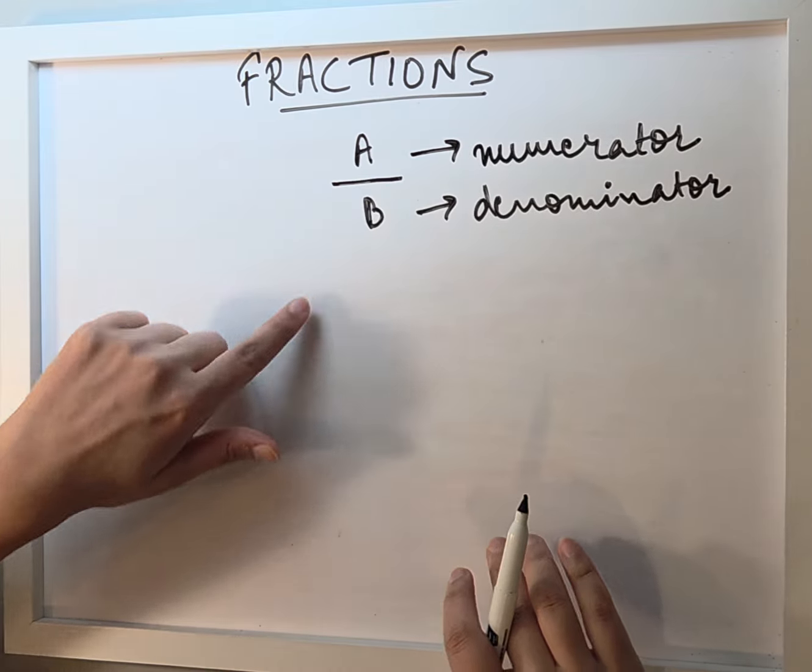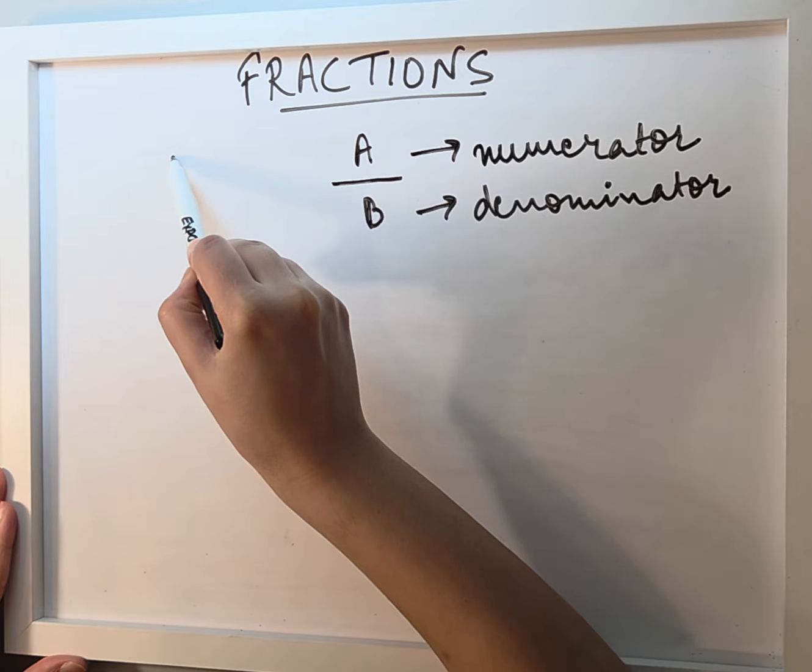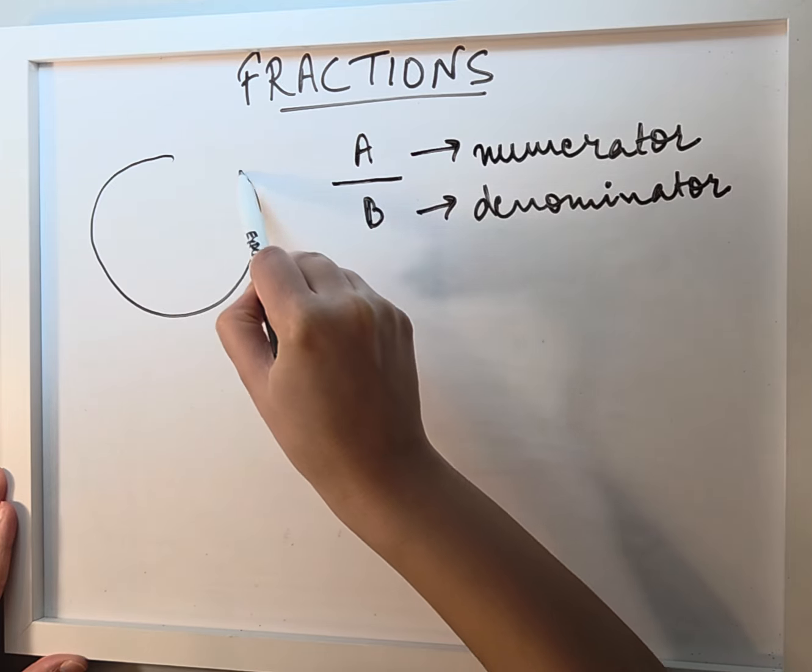So now what do A and B signify? Let's take, for example, a circle.